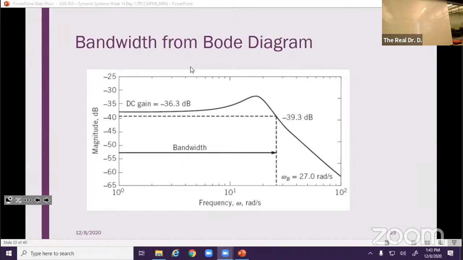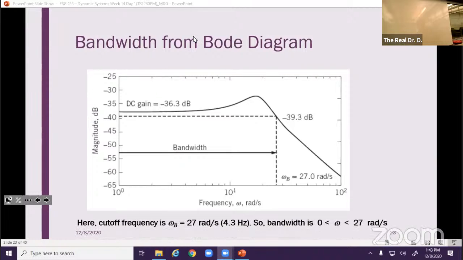So we want the bandwidth here. So we take that 36.3 and we subtract 3 dB from it, okay? And we draw our line all the way across, and where that intersects with our Bode diagram, we draw a line down, find the frequency, and now our bandwidth, right, is between 0 and 27 radians per second because our cutoff frequency is at 27 radians per second.